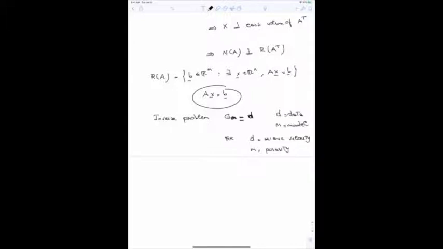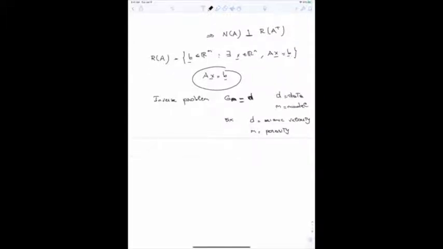So what we're interested in is finding a solution M. The goal is to find a solution M of the inverse problem.